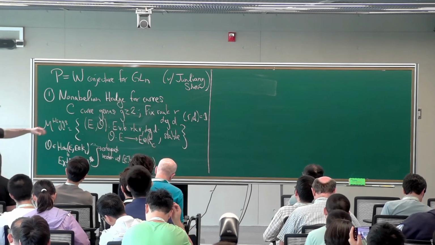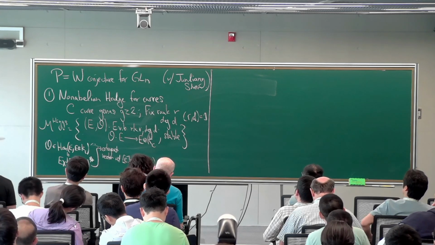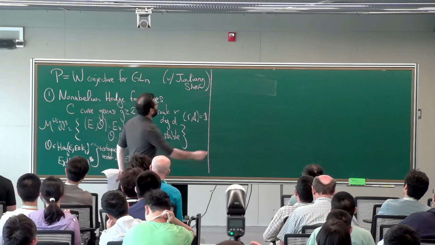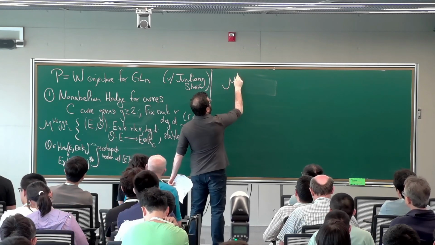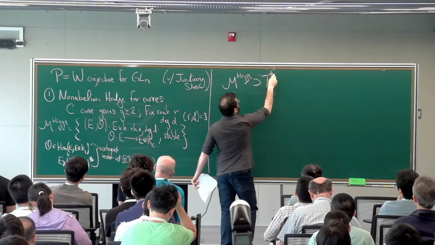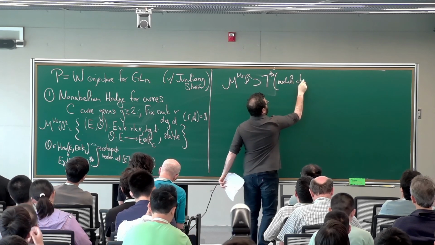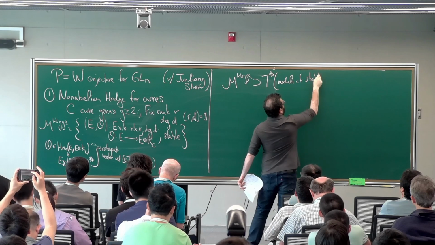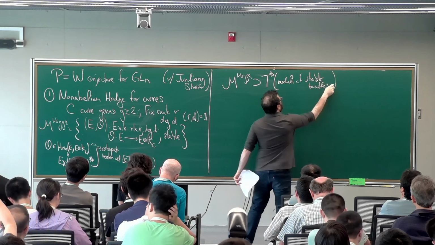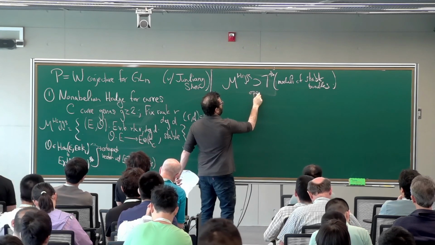More generally, you should think of the moduli space of Higgs bundles, if I ignore stability, as something like the total space of the cotangent bundle of the moduli space of bundles. So for instance, if I restrict myself to stable bundles, the moduli space of Higgs bundles contains the cotangent bundle of the moduli space of stable bundles. And this is an open, dense subvariety.